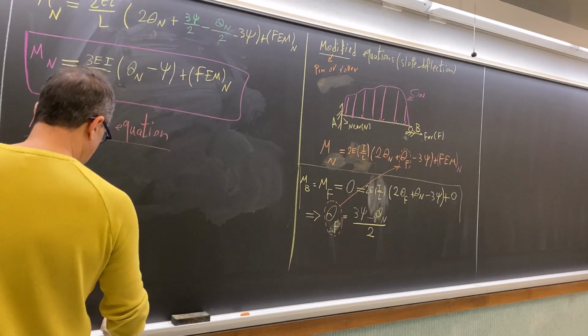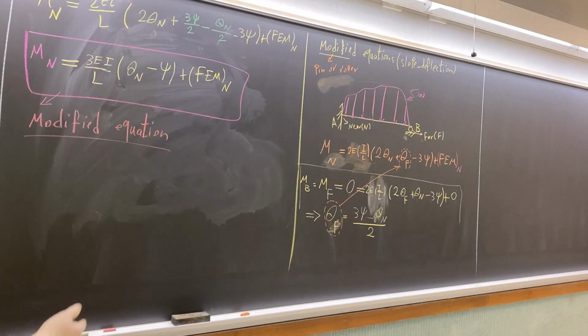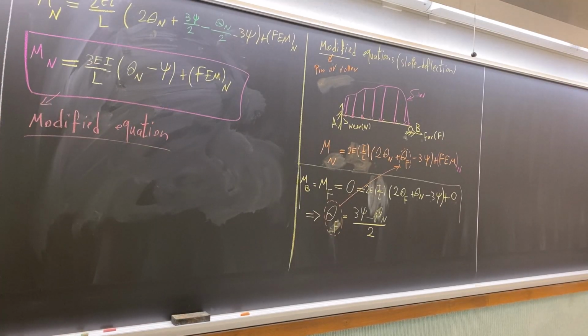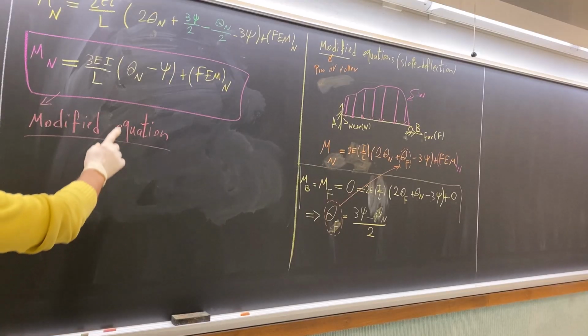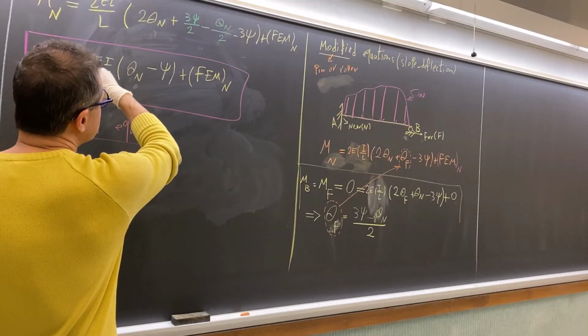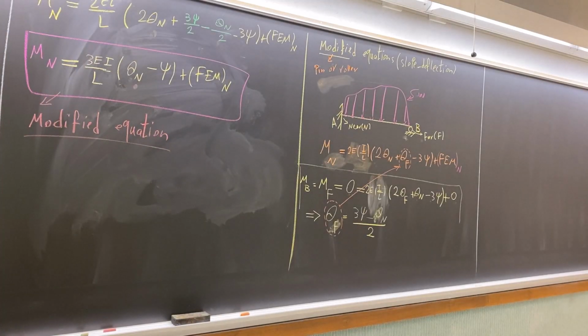The reason it is called modified is that we don't see theta F. This is only theta N, the near one. So we basically removed one of the variables, so it is much easier in terms of calculation.